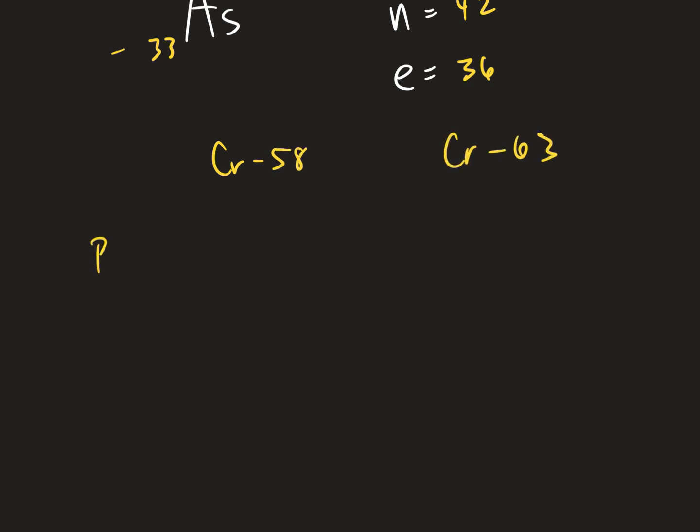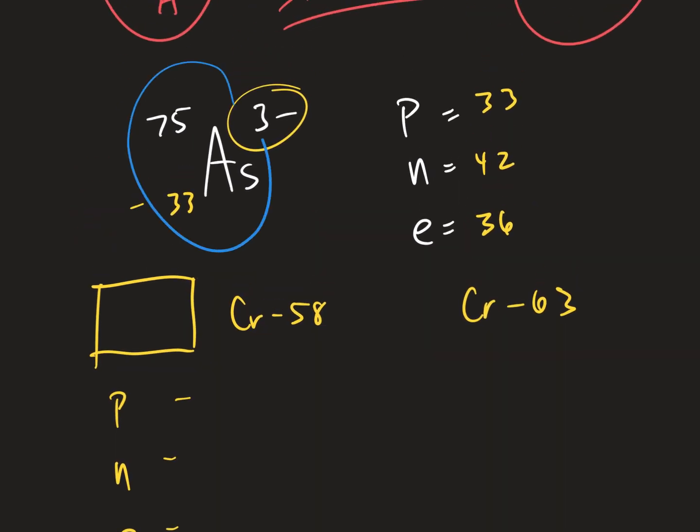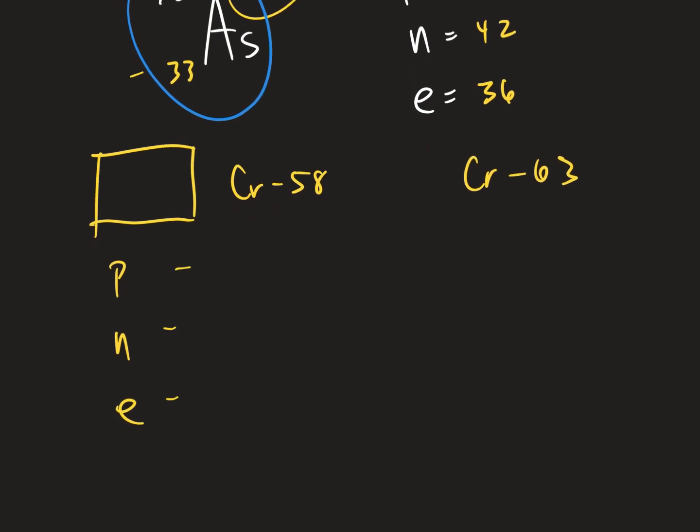So we have to know the number of protons, neutrons, and electrons. And right here in this top left corner, I want you to write the isotope symbol. Everybody understand what that is? This is the isotope symbol for arsenic-75. Okay? All right.